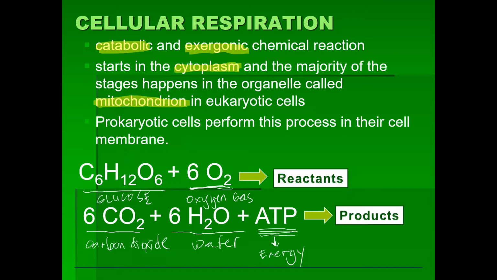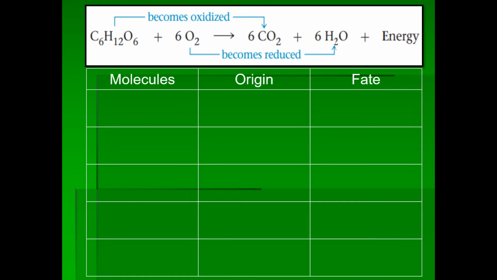So, now let's continue with the fate and origin of the molecules involved in the reactants and the products. As you can see here, class, in our illustration, let's start with the reactant molecules.